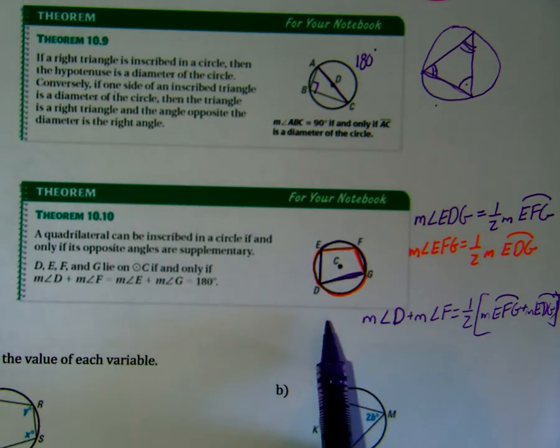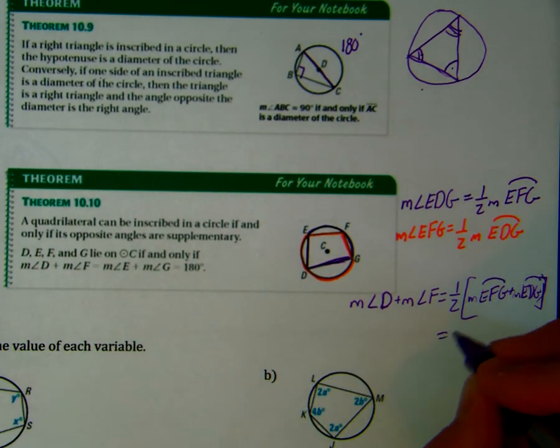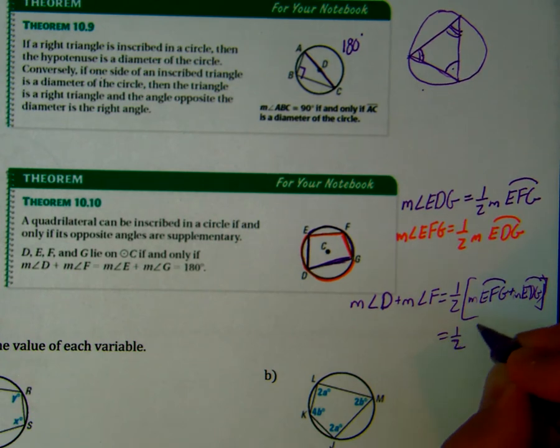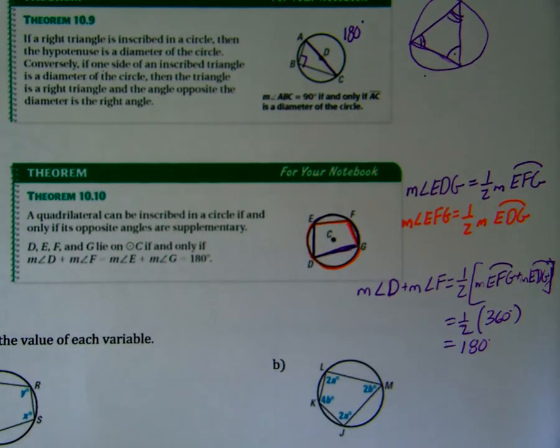And because these two arcs make up a full circle, this is 360 degrees. And so half of that is 180. So no matter what you have here, as long as this is inscribed inside of a circle, the opposite angles are going to be supplementary to one another. Okay.